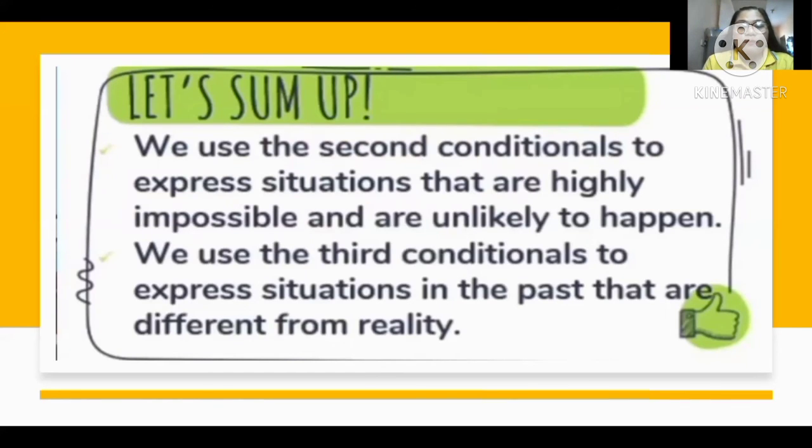So if we compare these two conditional sentences again, second conditionals are highly impossible to happen, while the third conditional expresses a situation in the past which is very different from reality, or it is so unlikely that there is less tendency that the action will happen.